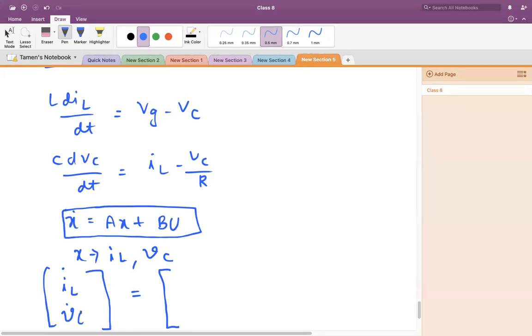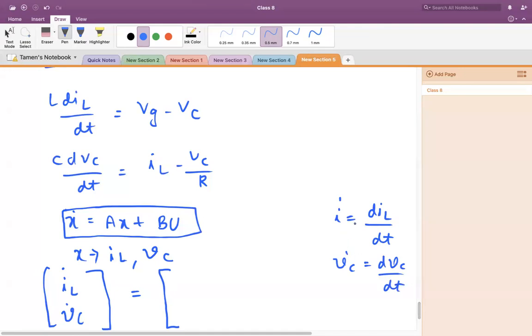Now I'll write this IL dot. IL dot means dIL by dt. Vc dot means dVc by dt.